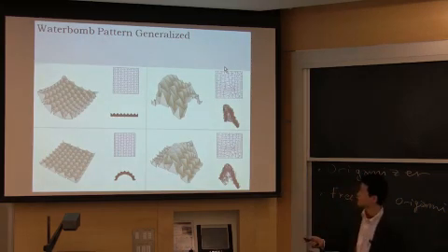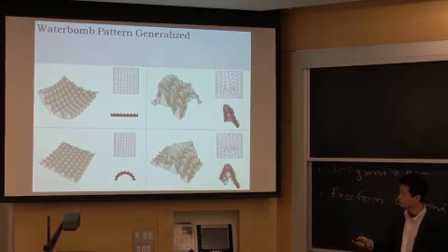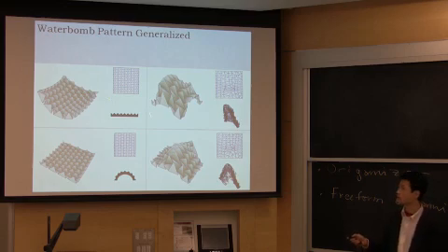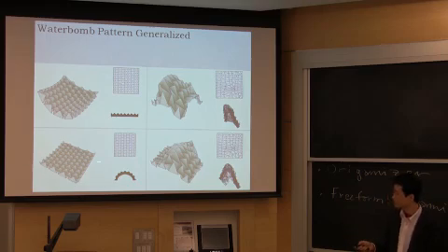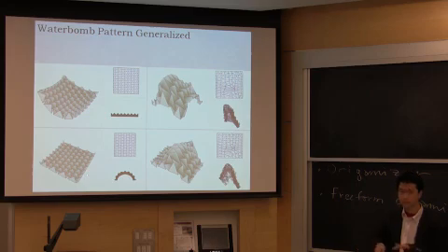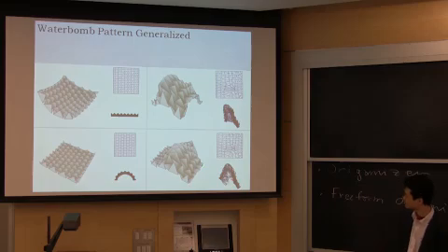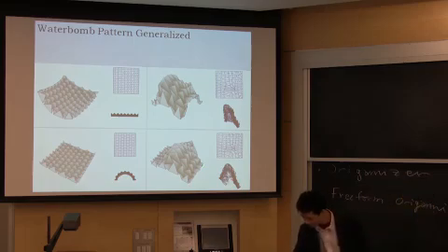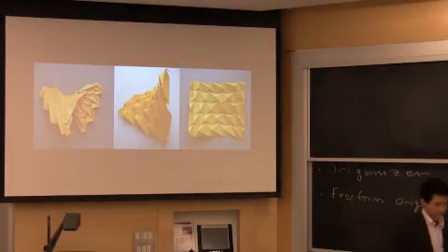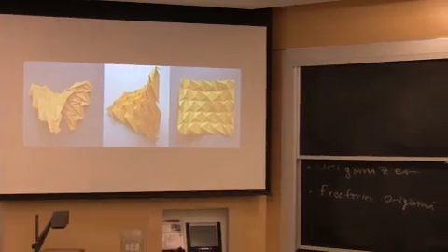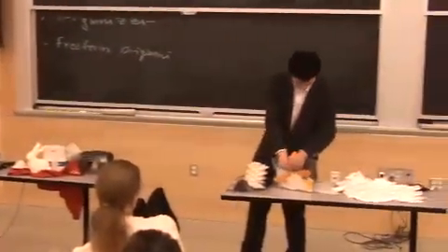Anyway, this is an example of deformation. This is the normal water bomb pattern that's based on triangles. And this one forms a more planar surface when it's in 3D. And this is some generalization. This is the folded form. I think it's a little bit too small to show.